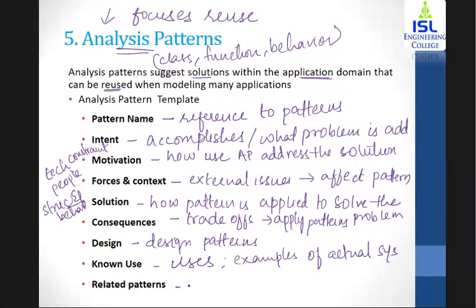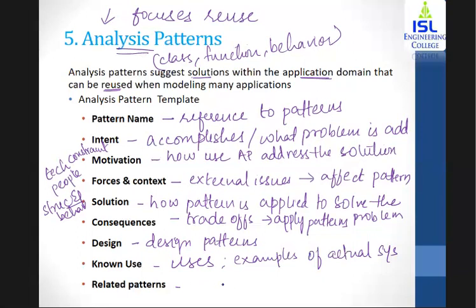The next is related pattern. Related pattern means what are the similar patterns that you are going to use. Whenever you're making use of some specific components or some specific patterns, you're not going to have only one example of it. You are going to have different related patterns that solve similar types of problems. Like the syllabus has got reference textbooks that you can access: first textbook, second and third.